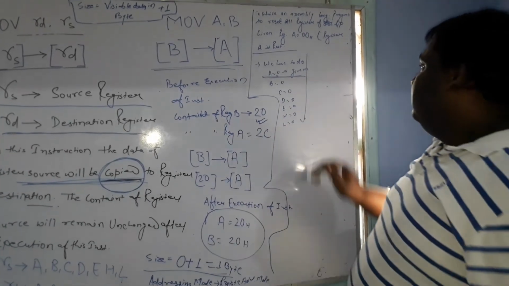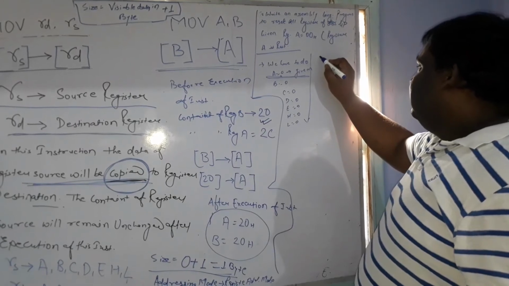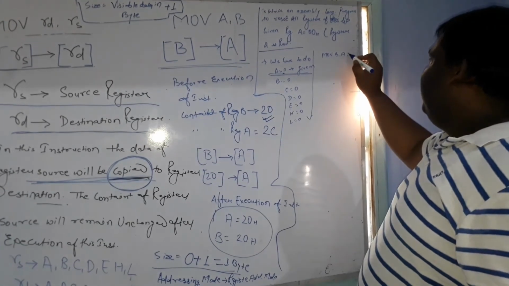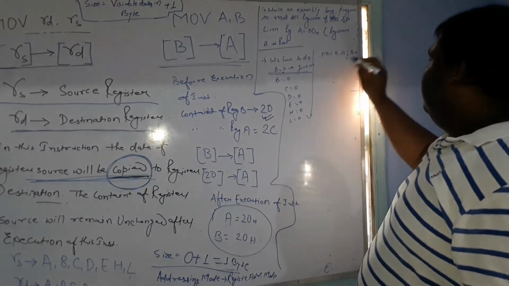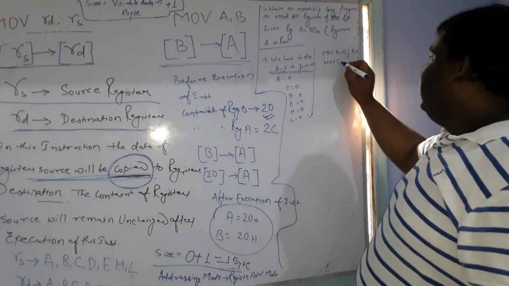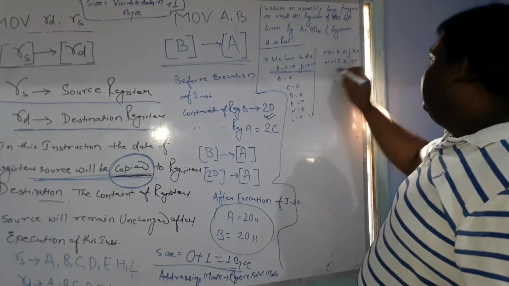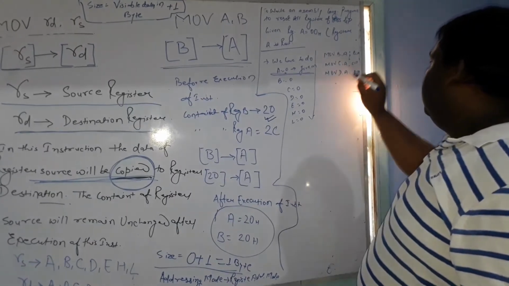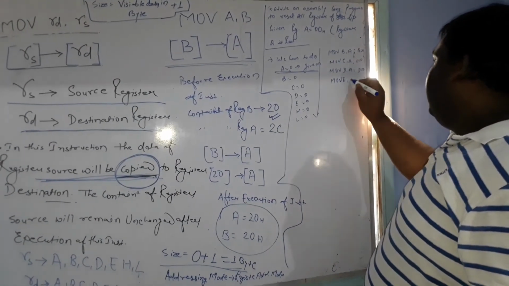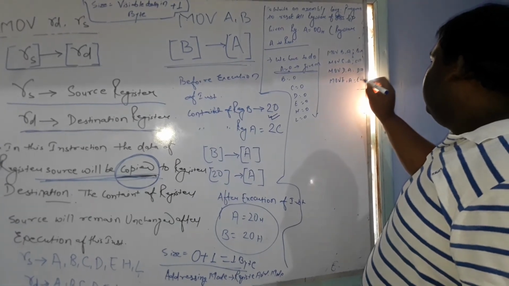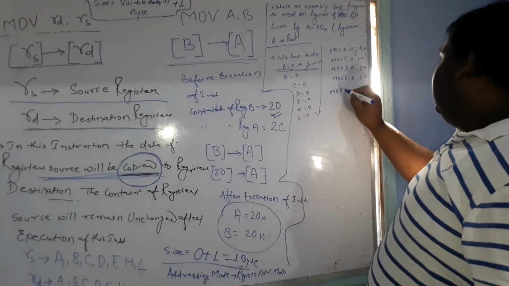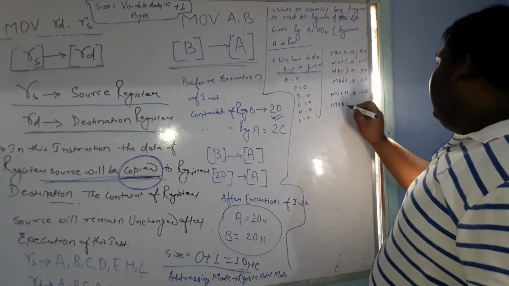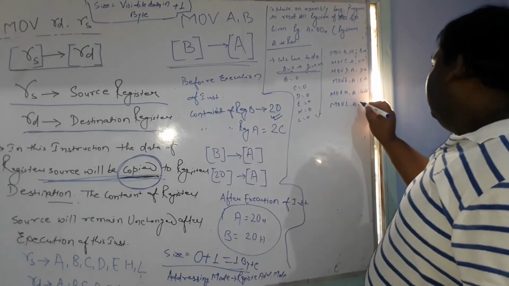So if we write MOV B, A, here B equals 0; MOV C, A, here C equals 0; MOV D, A, here D equals 0; MOV E, A, here E equals 0; MOV H, A, here H equals 0; and MOV L, A, here L equals 0; HLT.